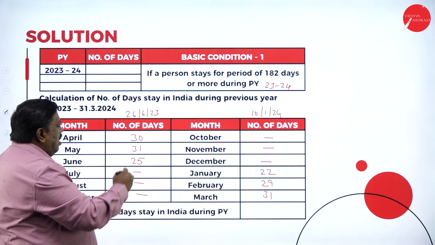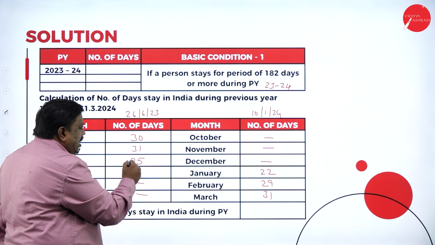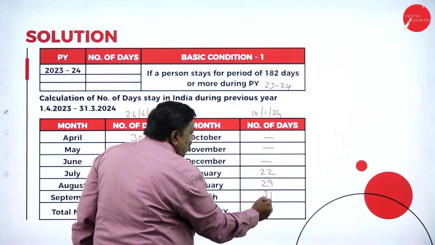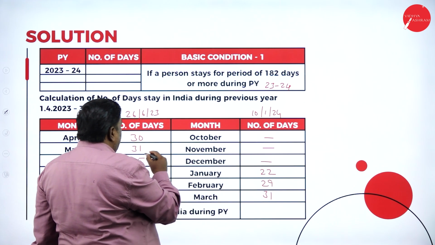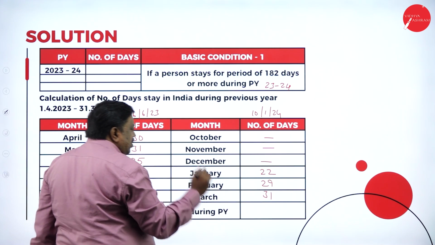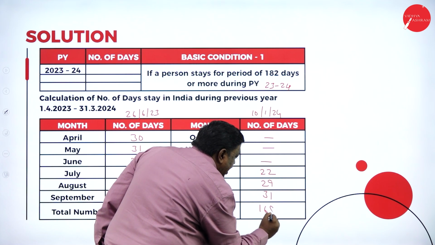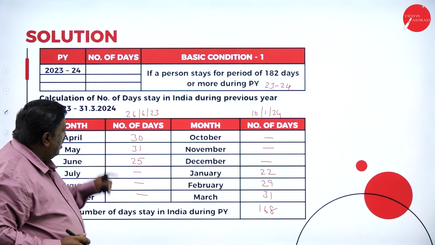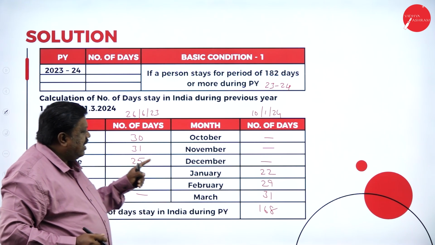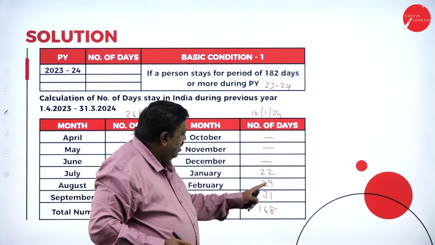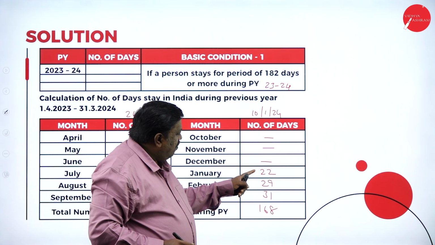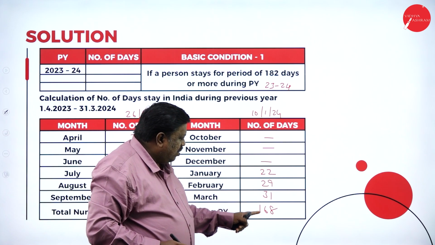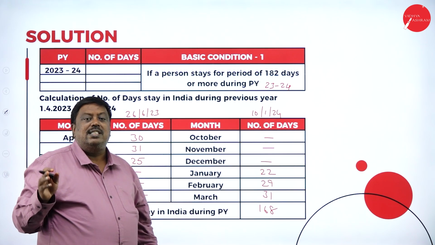So totally 30, 60, 80, 100, 120, 150, 160, 162, 167, 168 days. So I was in India for 168 days during previous year. 30, 60, 80, 86, 88, 98, 118, 138, 168. So I was totally for a period of 168 days.